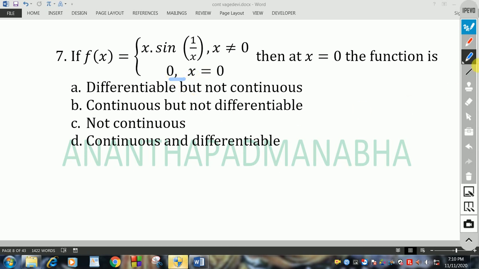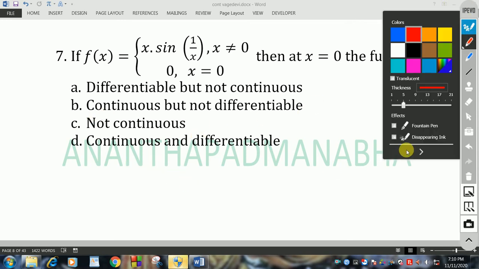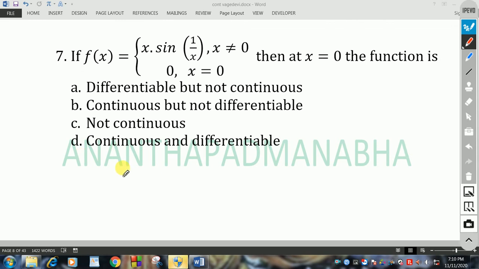So let us consider the limits. Now limit of f of x as x tends to a is equal to f of a is the definition of continuity here. So now I will consider limit of x into sine of 1 by x as x tends to 0.